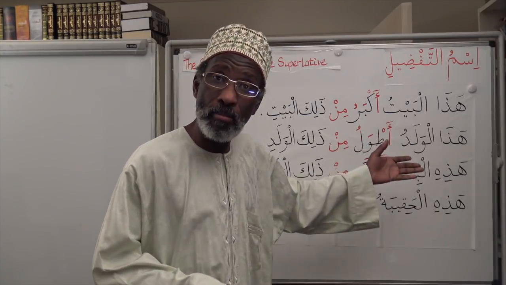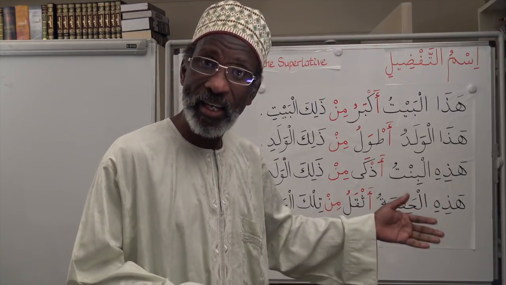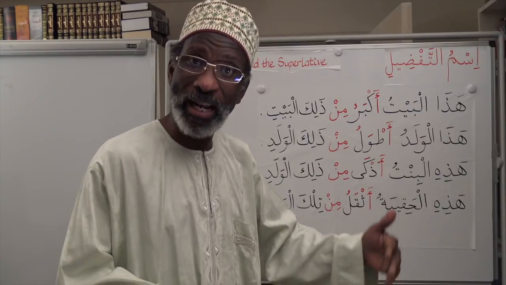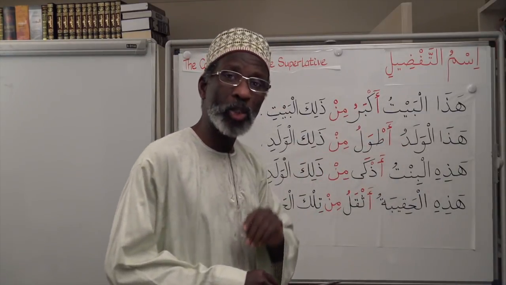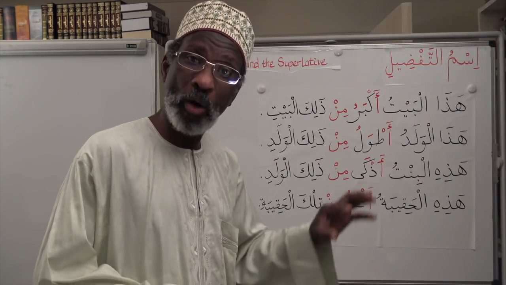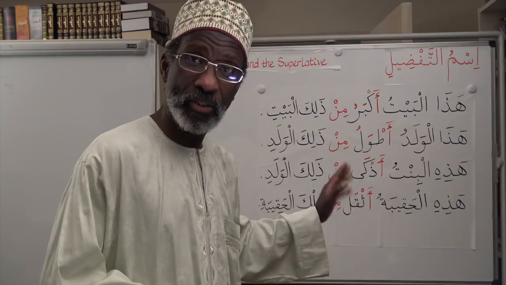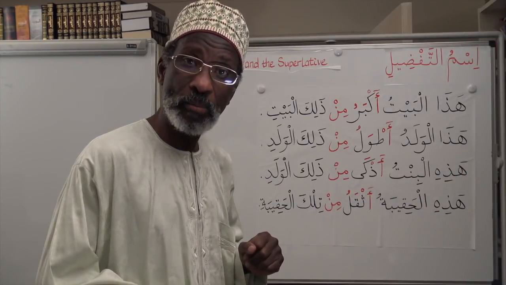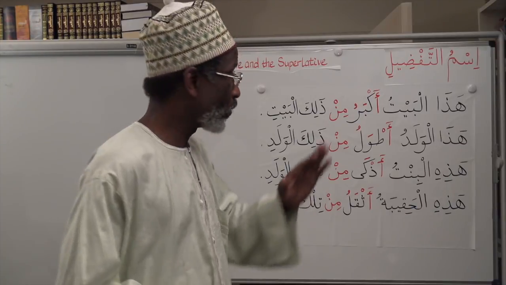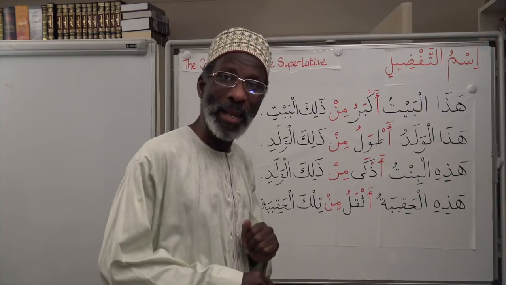It is coming from kabirun, kabiratun, big, in terms of masculine and feminine, and then we end up with akbar. What about atwalu? That's atwalu min, taller than. So what's the original adjective? Atwalu coming from tawilun. So tawilun, atwalu min.